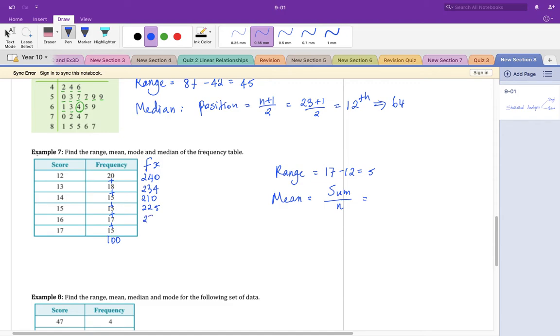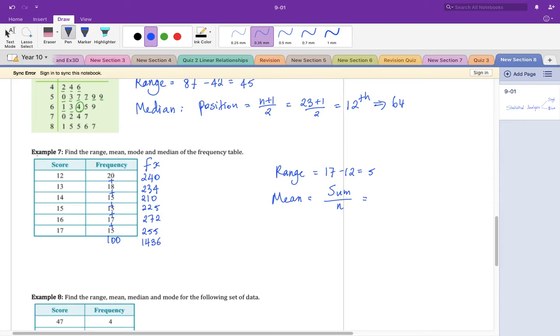Alright, so these are the f times x values that I have. How do I find the sum of them? That's pretty straightforward, right? You just add them up. So that's what I'm going to do. And that will give me 1436.